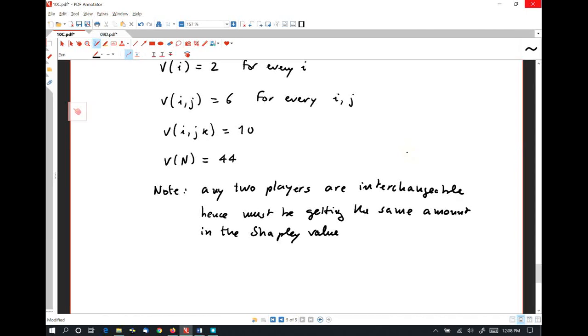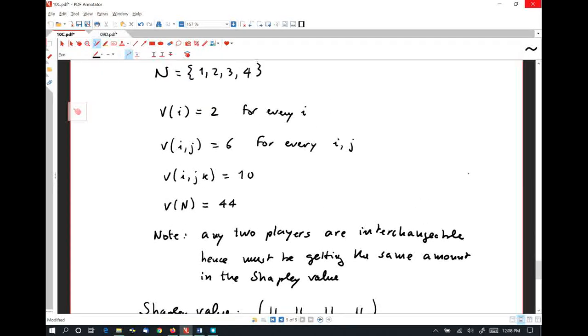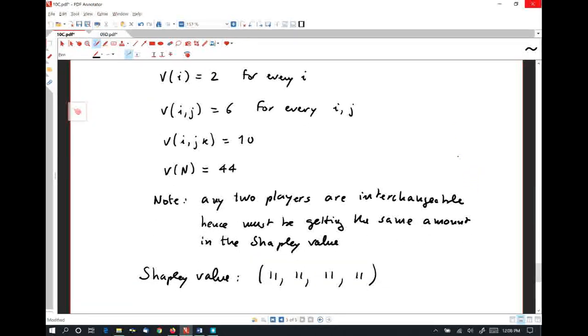So any 2 players must be getting the same amount. So that means that every player gets the same amount. So the Shapley value then is 11, 11, 11, 11, which is V of n divided by 4. So this is one case where we can just make use of the axioms very quickly and compute the Shapley value, well, without even computing, and infer what the Shapley value is.